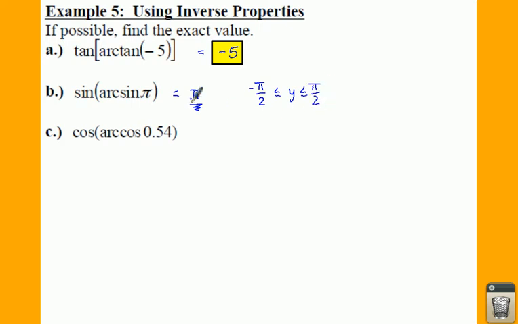So is pi in between those two? Nope, it's not. Since pi is not between -pi over 2 and pi over 2, this is not possible. You have to make sure you can find the arc sine of pi first.